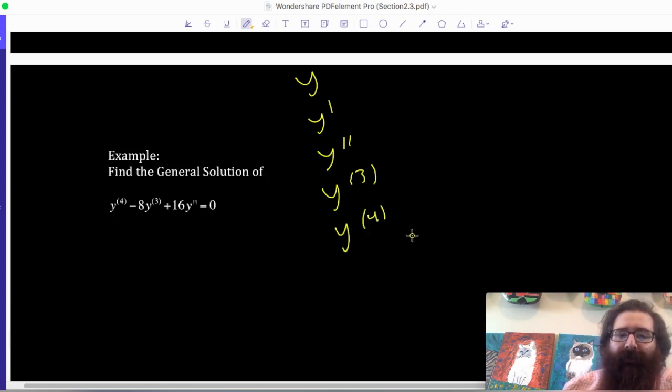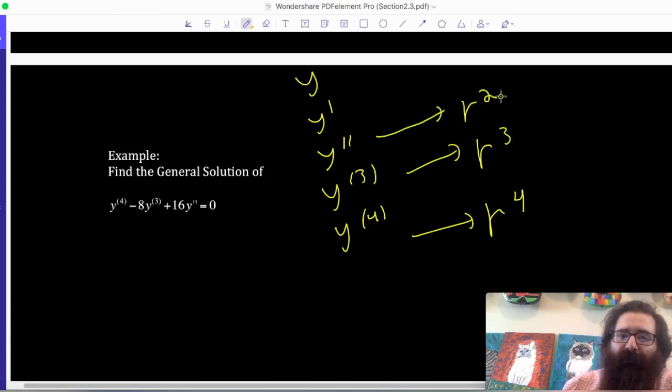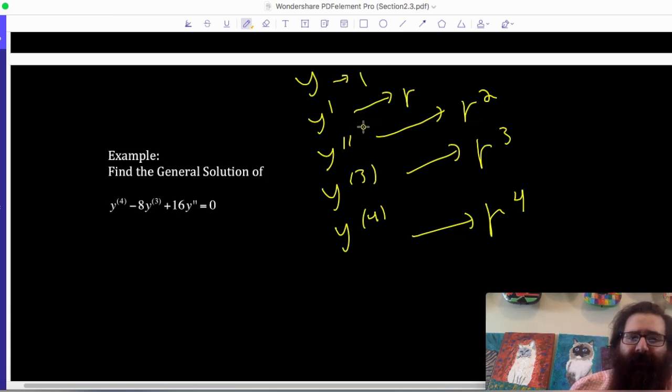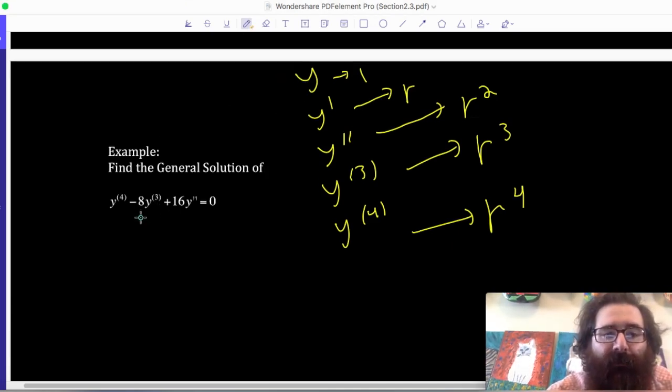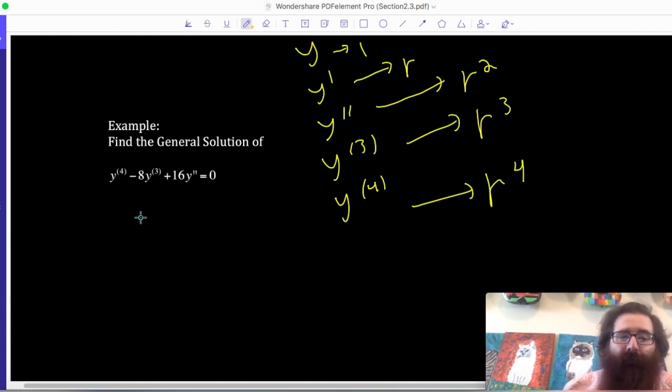We're going to replace the fourth order derivative with r to the power of 4, the third order derivative with r cubed, the second order derivative with r squared, the first order derivative with r, and then y. Technically, we replace it with an r to the 0 if you want to think of it that way, but you can just replace it with a 1.